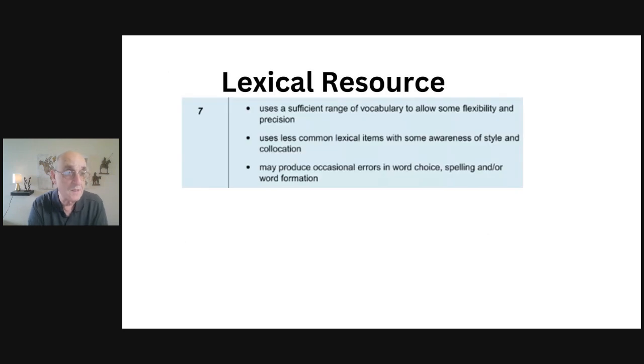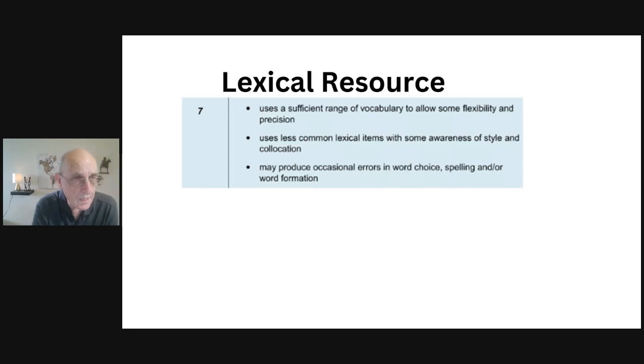Then we have lexical resource, and this is simply your vocabulary. So you want to use a sufficient range of vocabulary. It has to be at a level that displays your high intermediate or advanced level of English, and it has to be flexible and precise, which means that you're not going to make a lot of errors.